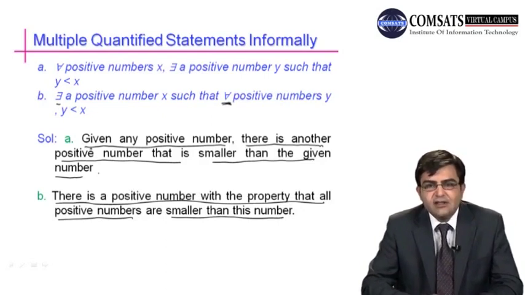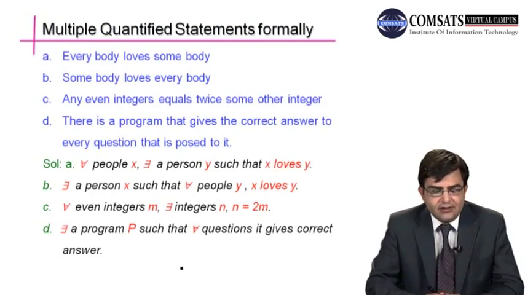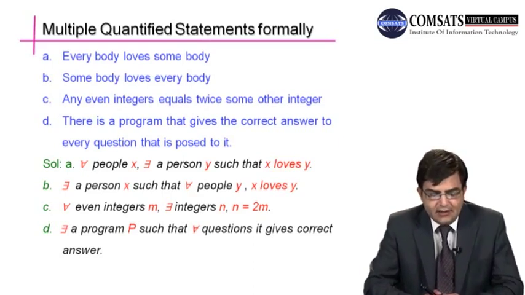Now how can we use the existential and universal quantifiers at the same time? We consider these examples in which we shall write simple English language statements, or informal statements, as logical statements using one or more quantifiers.